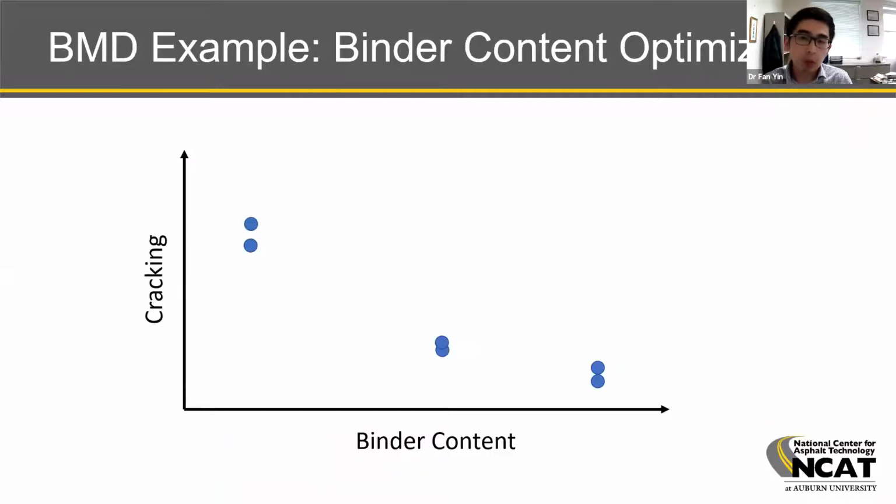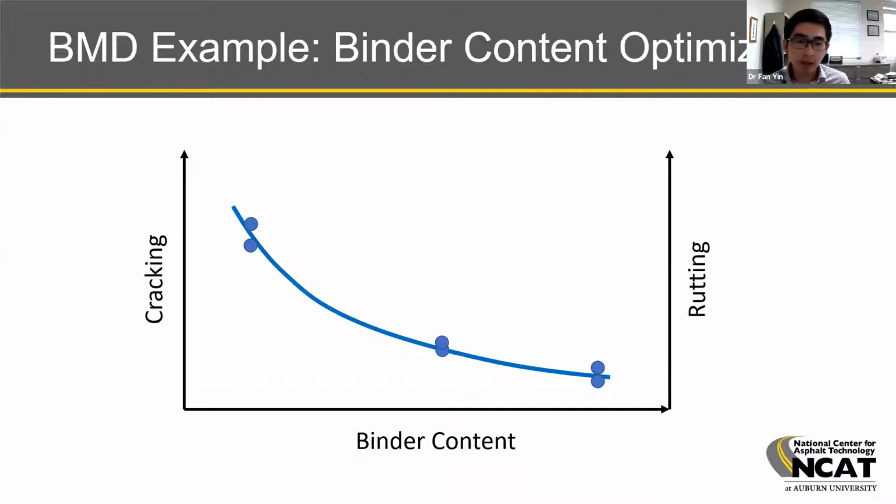A very simple way to visualize the balanced mix design concept is to look at the optimization of asphalt binder content. We know as we increase binder content, the cracking potential is going to decrease, because additional binder provides durability and flexibility against traffic. On the other hand, if we increase binder content, the rutting potential is going to go up.